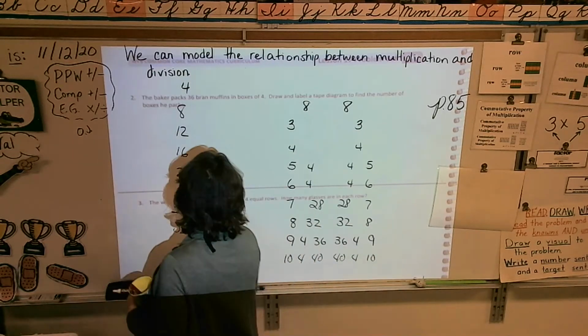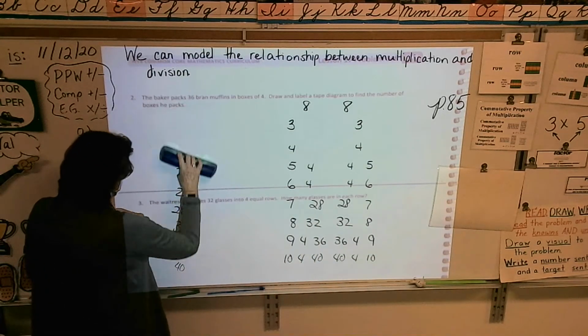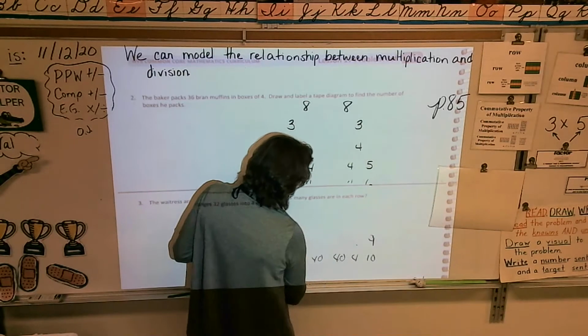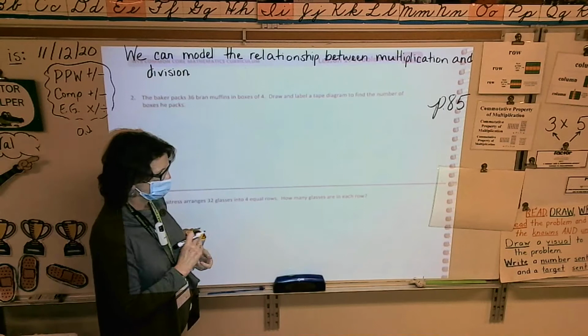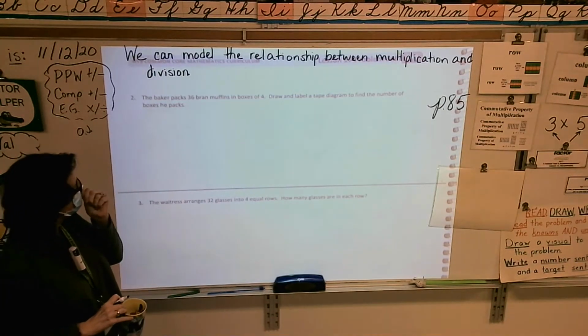We will be using the read, draw, write process for each one of these word problems. Okay, boys and girls? That means read the problem, underline your notes, draw a visual or some kind of picture, write a number sentence, and write a target sentence.